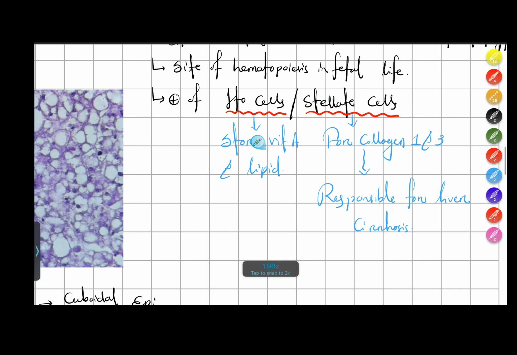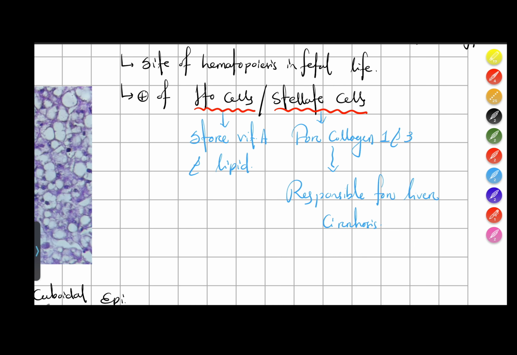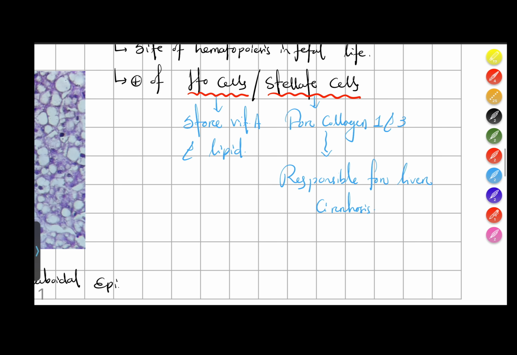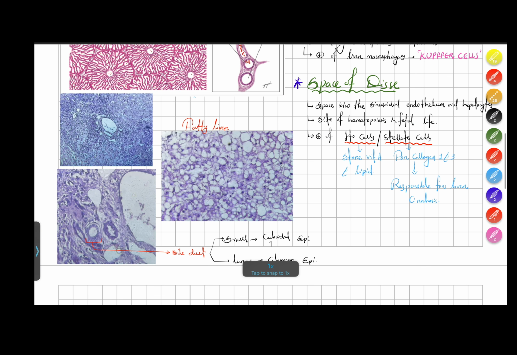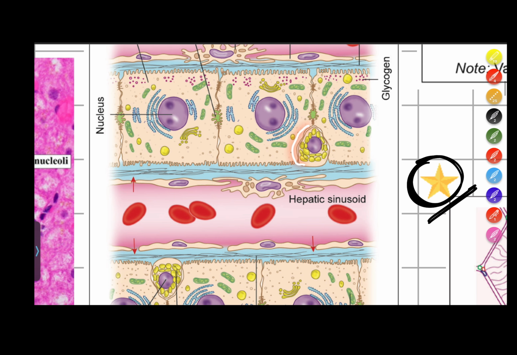Ito cells store vitamin A and lipid, and stellate cells synthesize collagen 1 and 3, which is responsible for liver cirrhosis, because in cirrhosis there is fibrosis of the liver due to the collagen 1 and 3 synthesized by stellate cells. You can see this is the stellate cell or Ito cell.